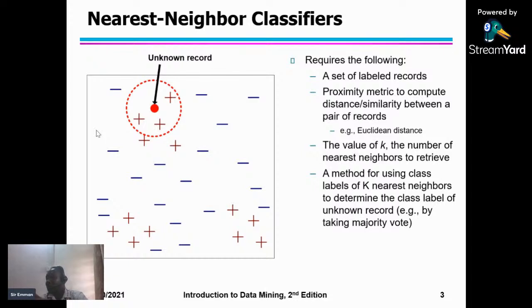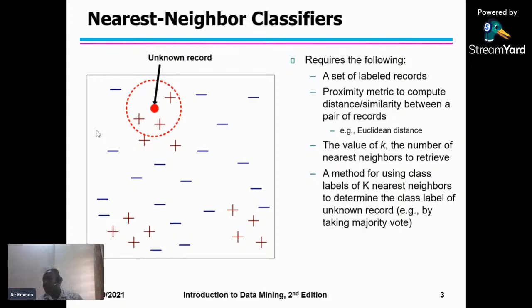And then we have the proximity metrics to compute the distance between a pair of records. So we're looking at how close it is in likeness to that particular object using the Euclidean distance. Now, the value k is the number of nearest neighbors to retrieve.